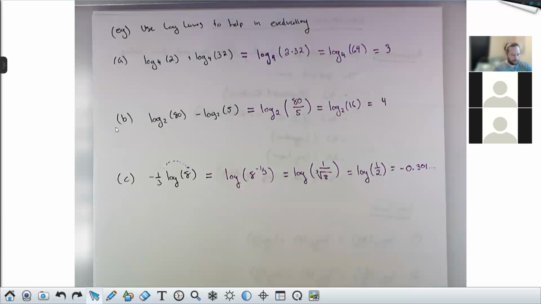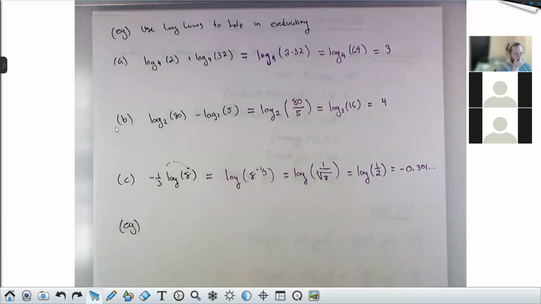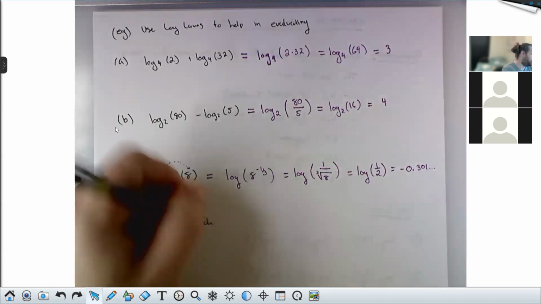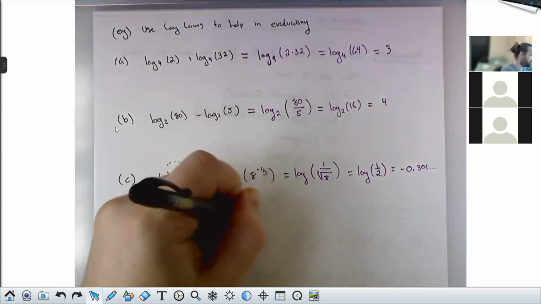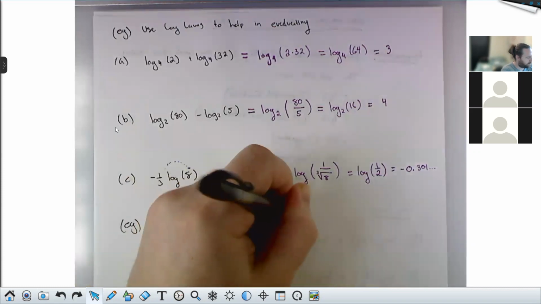Okay. One of the other things that will certainly show up on your test is asking you to take an expression with variables and either expand the logarithm or combine into a single log. We're going to start by expanding. So I'll say expand each log expression as much as possible.